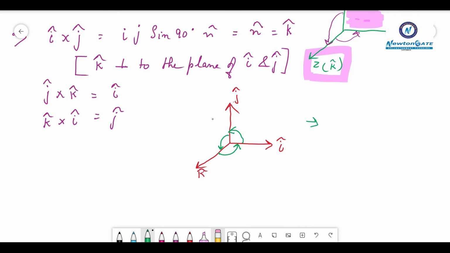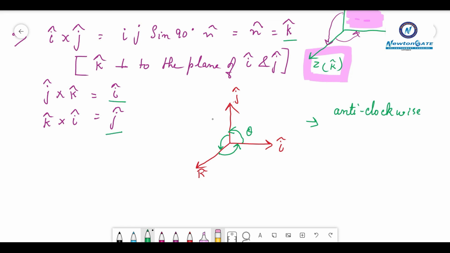The direction is anti-clockwise. So when the direction of i, j and k is anti-clockwise, that is when I will have the value to be positive.